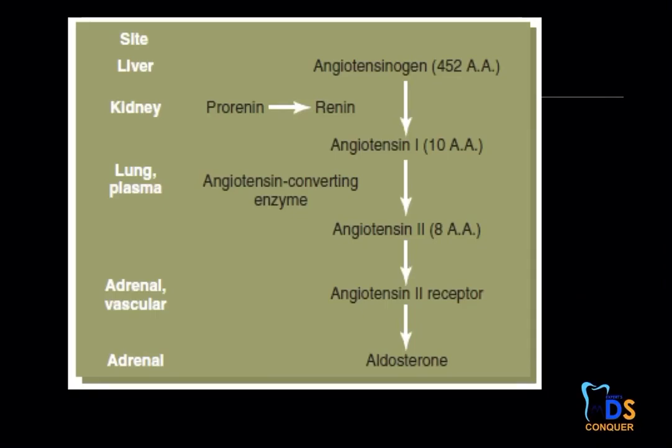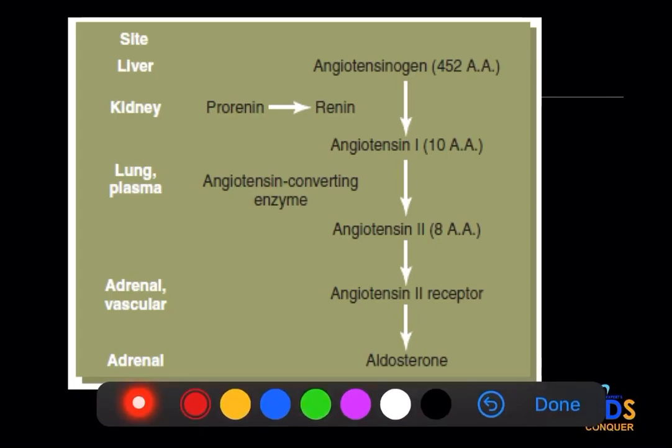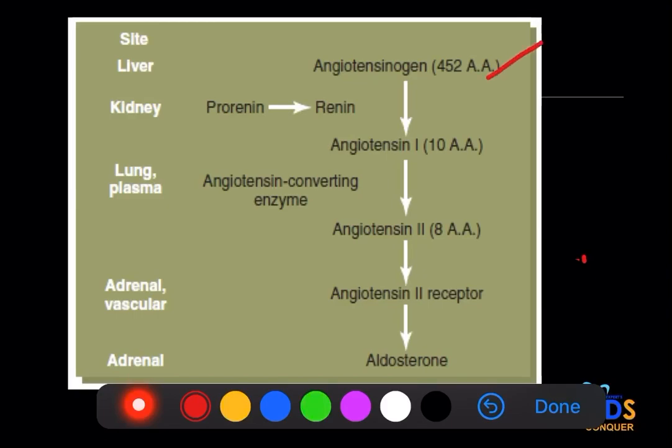So again, if it is asked as an essay question, then for aldosterone it's better to write the renin-angiotensin mechanism. If you can put forward this, it's very good. So angiotensinogen, which is produced by the liver, is converted to angiotensin 1 in presence of renin, which is produced by the kidney.